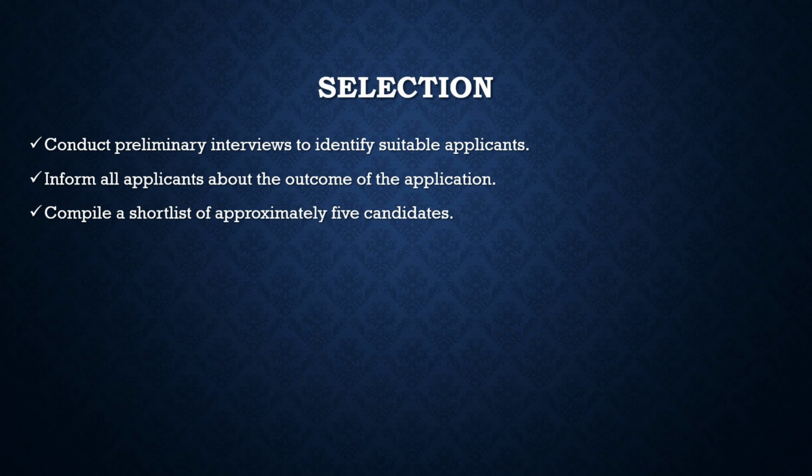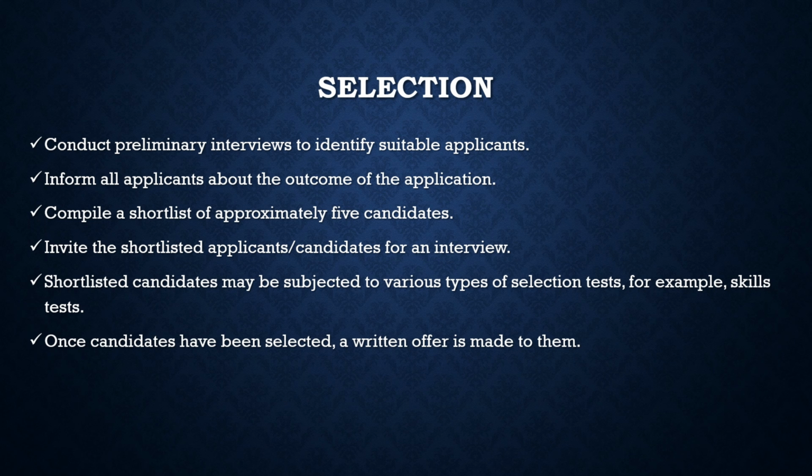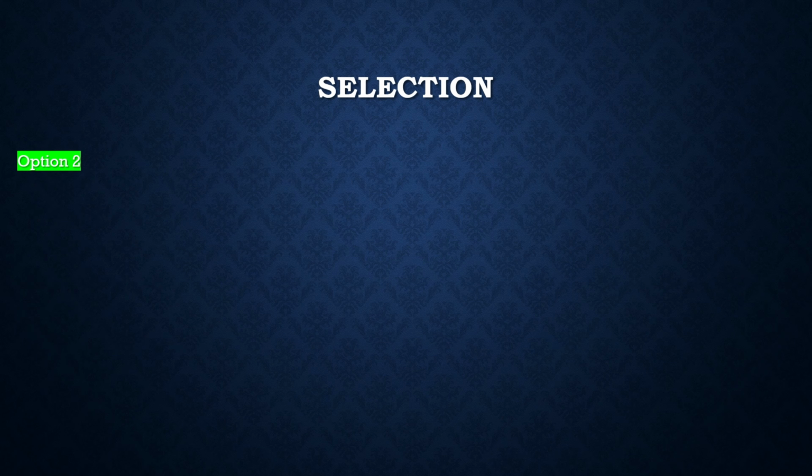It compiles a short list of approximately 5 candidates. It invites the shortlisted candidates or applicants for an interview. Shortlisted candidates may be subjected to various types of selection tests, for example, skills tests. Once candidates have been selected, a written offer is made to them.